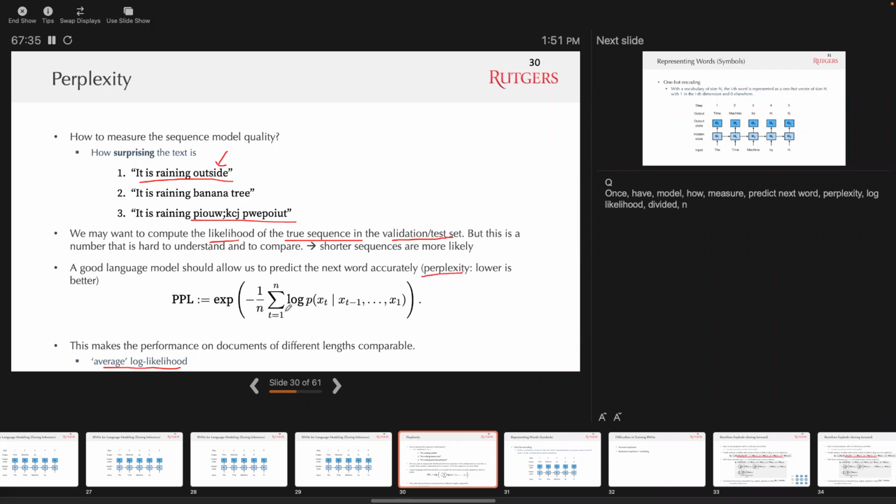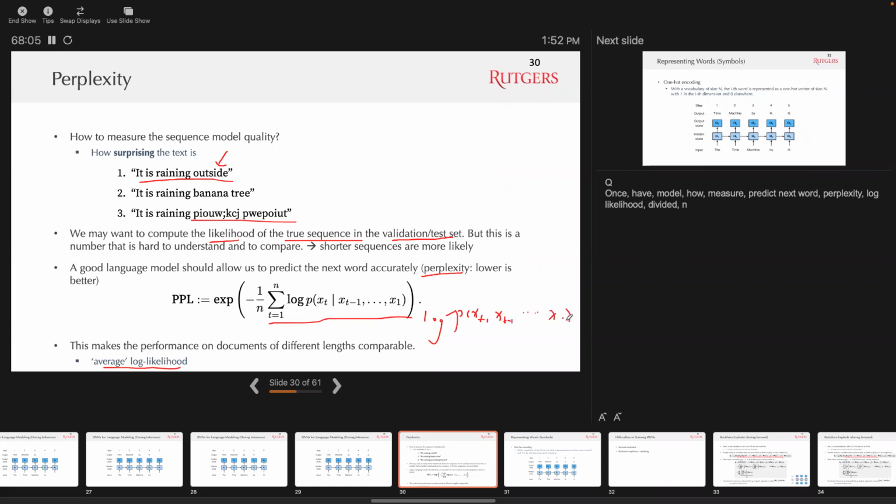If you look at the perplexity, it is basically computing the likelihood of the sentences. So this term here is equivalent to the log likelihood of x_t, given x_{t-1} all the way to x_1.